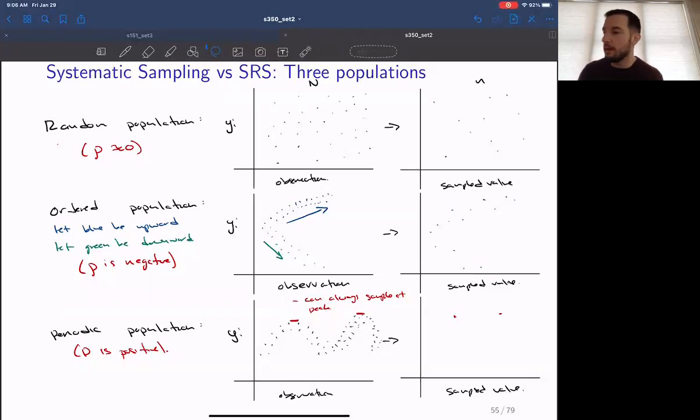In both cases, when we collect a systematic sample, what will naturally happen as we progress through the observations is we're going to get values that are spread further and further apart. This is due to the apparent order in the population. So this is an illustration where we would expect rho to be negative because the observations are becoming more and more spaced out as we pull them into the sample.